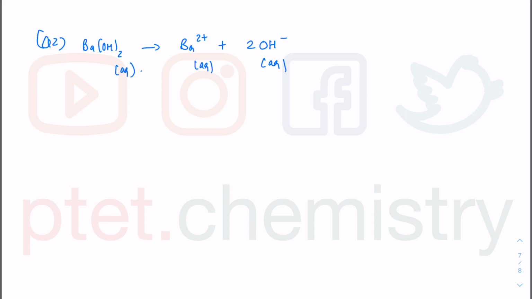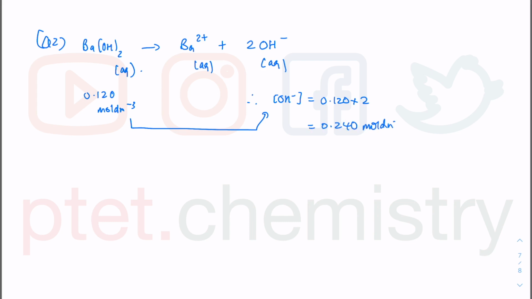So what you have is 0.120 mole per dm cube. So what happened then is 1 mole of these will give you 1 mole of that and 2 mole of that in the same volume. So this is just dissociating to that. Therefore 0.120 will give concentration of OH minus as 0.120 times 2, which is 0.240 mole per dm cube.